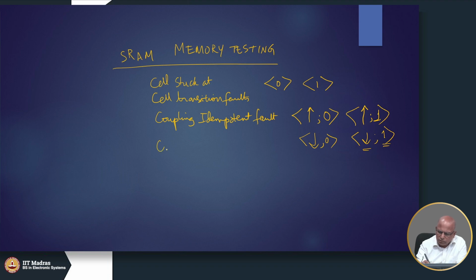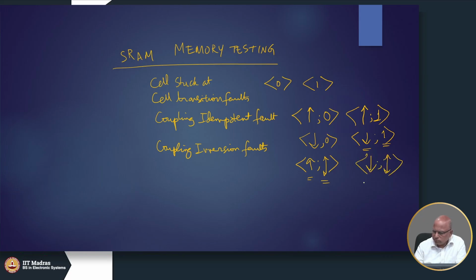There could be coupling inversion faults. Here the value will depend on the previous state. It will toggle. If I is changing from 0 to 1, J will toggle. And similarly, if I is changing from 1 to 0, J may toggle. And maybe address decoder faults.